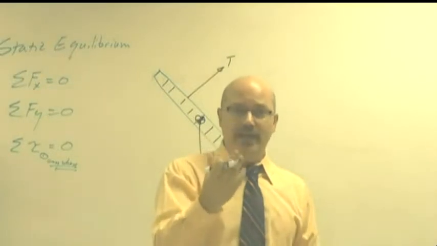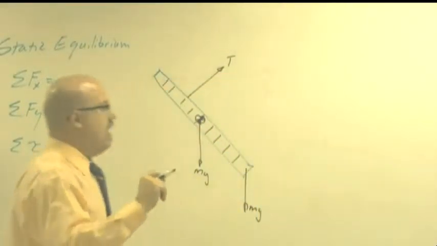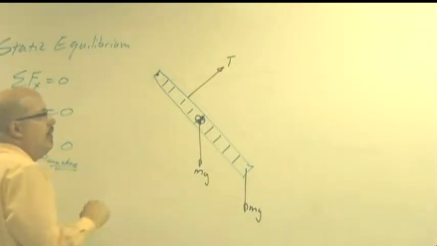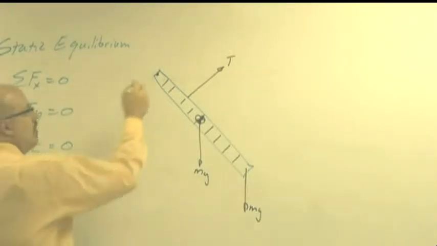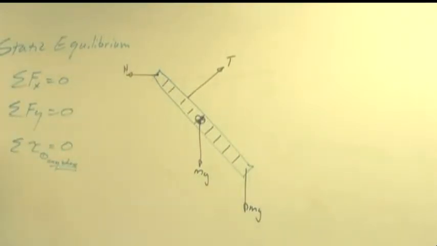But really, we add those up to find the result. Does that make sense? All right. So, right here at the wall, do we know which way the horizontal and vertical have to be? We know horizontal has to be that way. Do you have an idea which way vertical is? It depends on how much that thing is. It may be down.